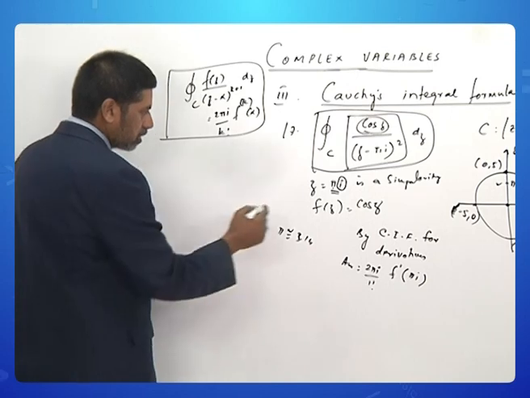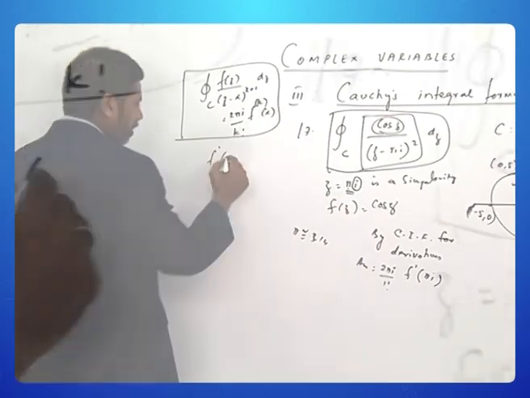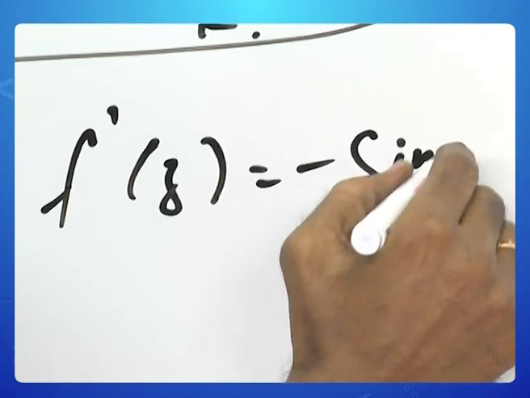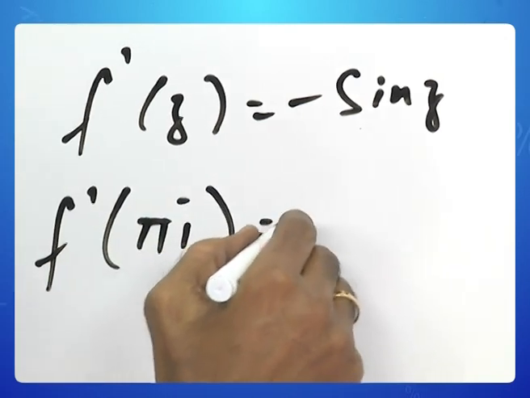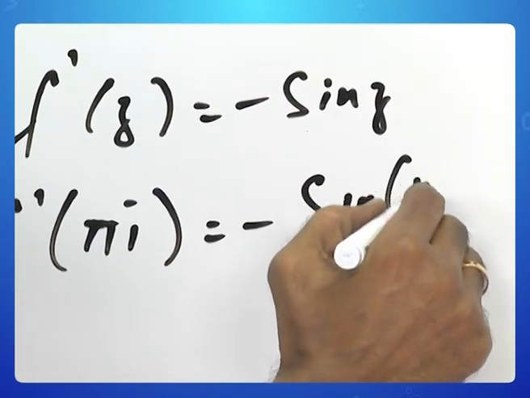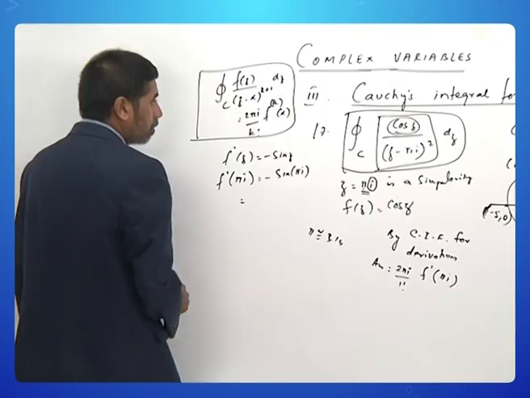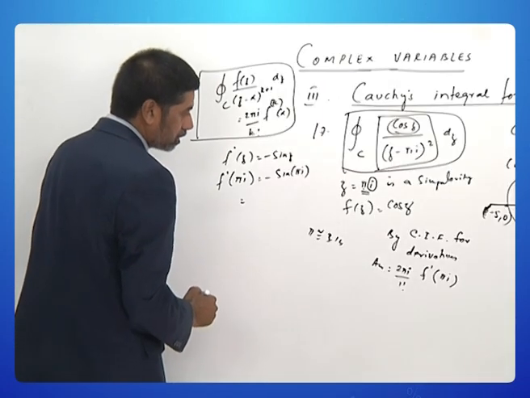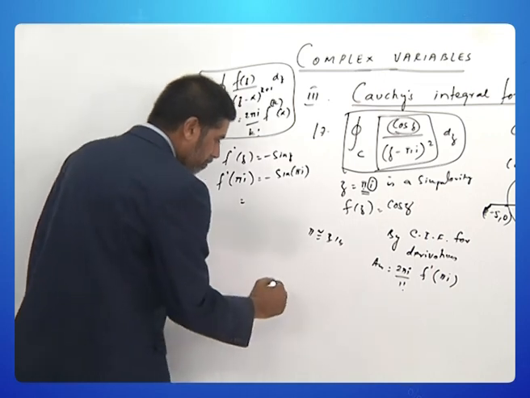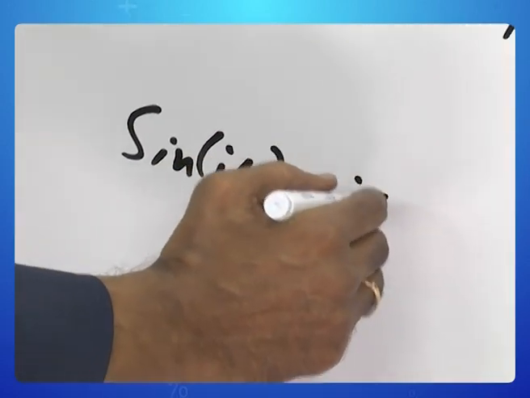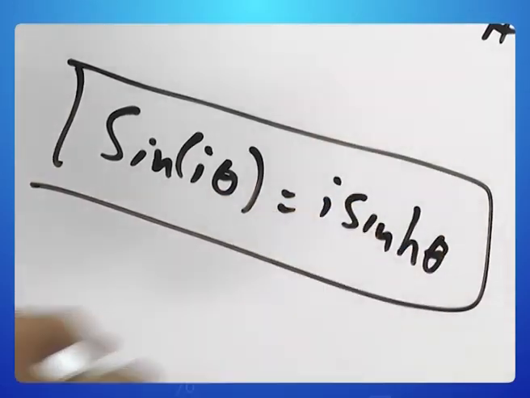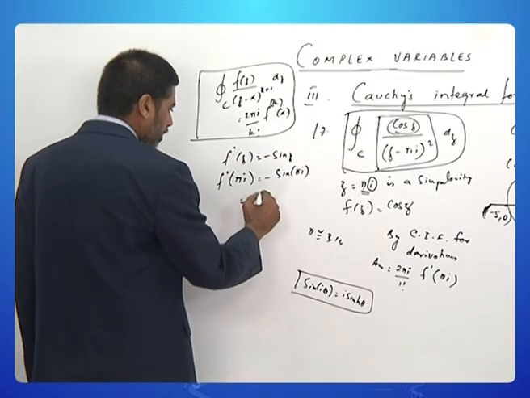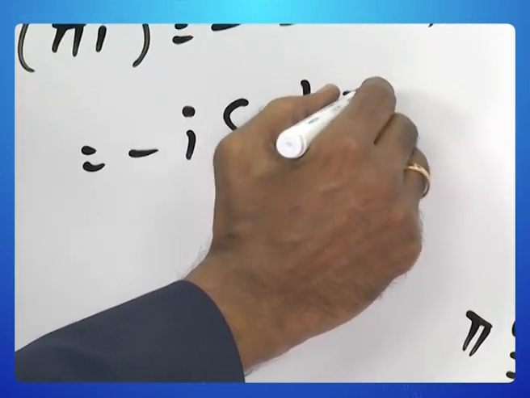So, now let us see what is f dash z from here. F dash z is minus sin z. So, f dash pi I is equal to minus sin pi I. But you know that there is a very important relation which says sin I theta is equal to I sin hyperbolic theta. Accordingly, you will get minus I sin hyperbolic pi.